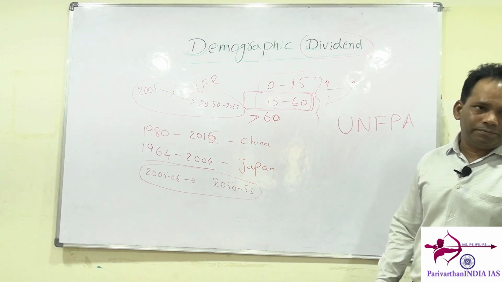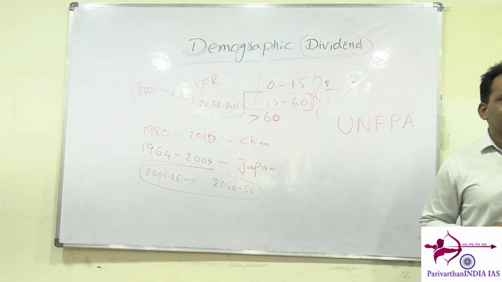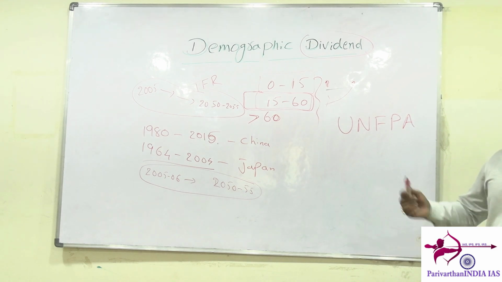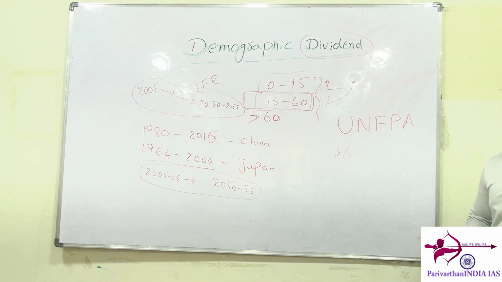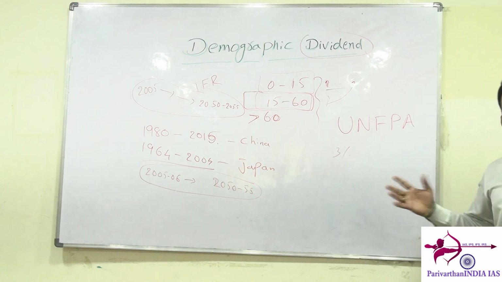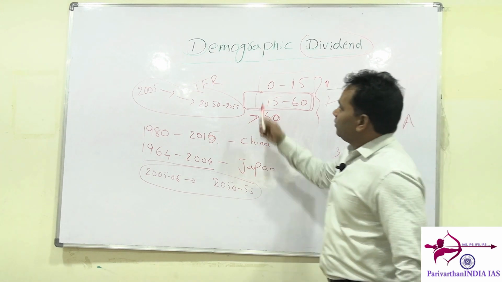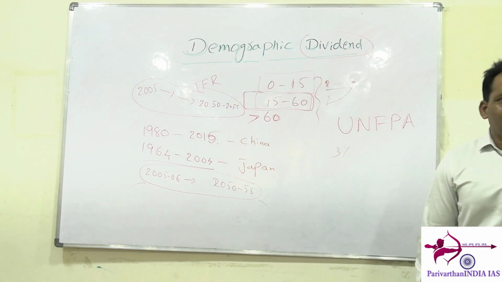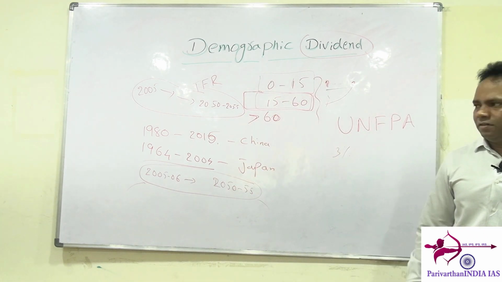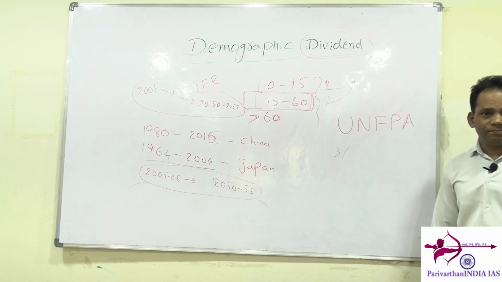It lost its glory. By the time Britishers entered India, it accounted for around 25 to 30% of world GDP. By the time the British left, its GDP was only 3% of the global GDP. It lost everything during the British era. Now, by utilizing this demographic dividend, we can gain whatever we lost during the British era.